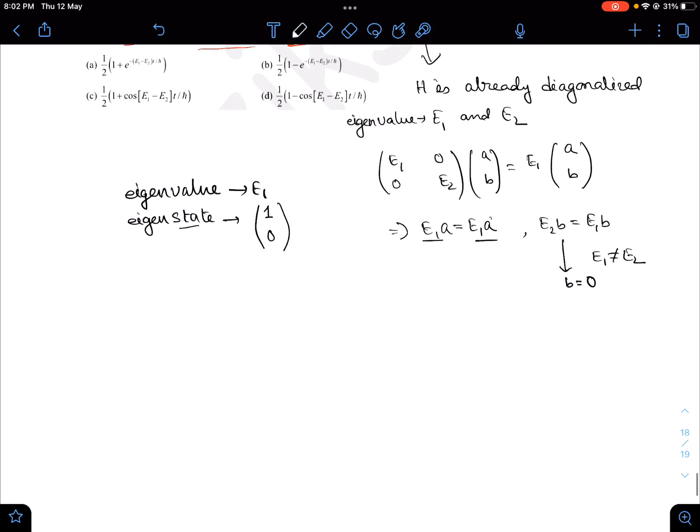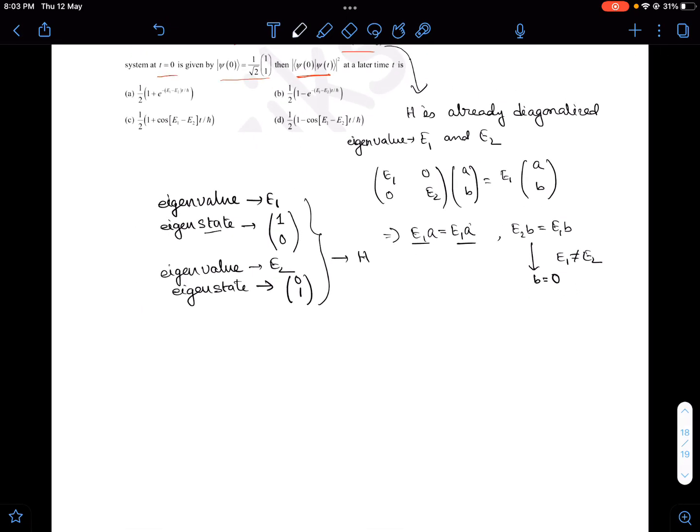Similarly for eigenvalue E2, you can calculate its eigenstate, and it turns out to be (0, 1). So these are the eigenvalues and eigenstates of the Hamiltonian.